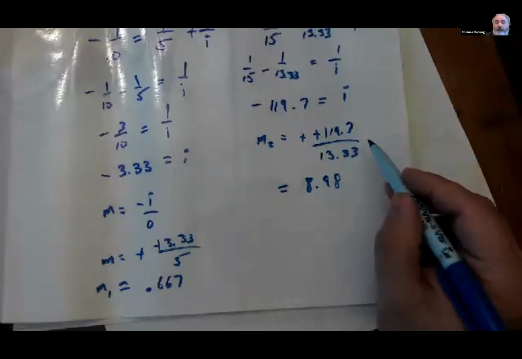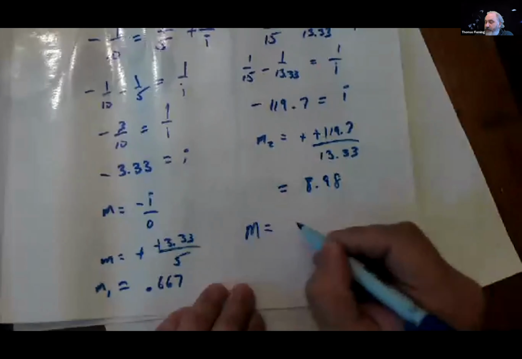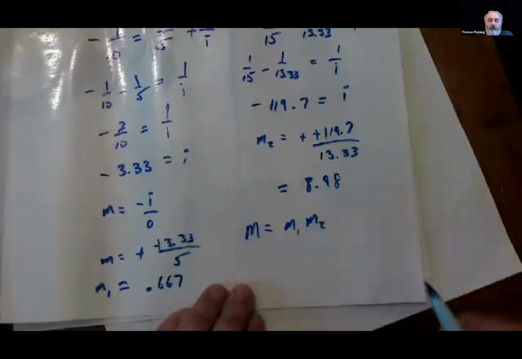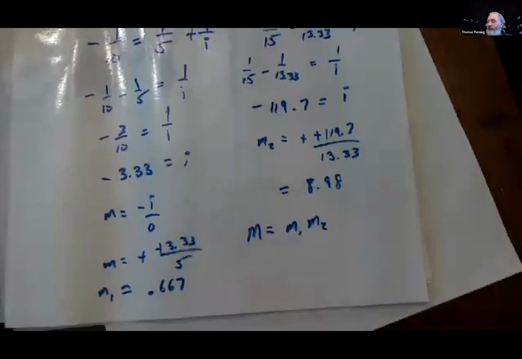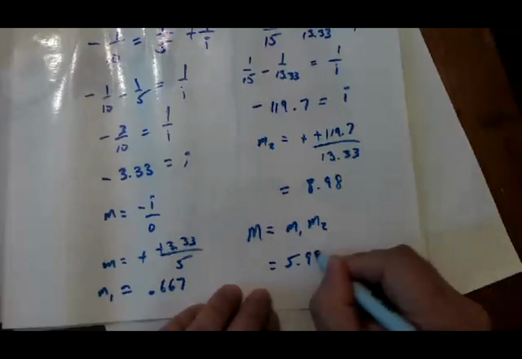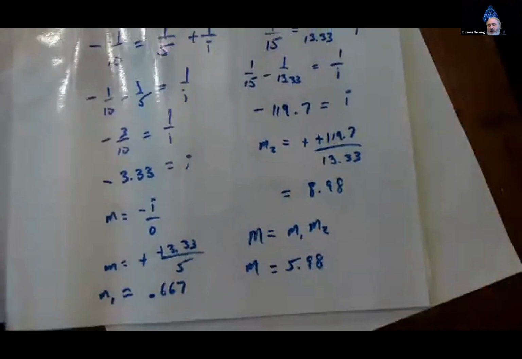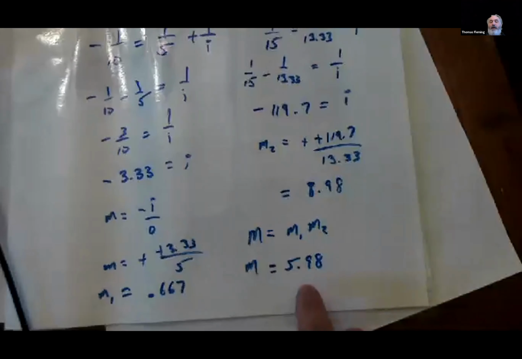It's upright because I got a positive answer. Now my total magnification is just the product of my original magnifications, so I take 8.98 times 0.667. The image I get is almost 6 times bigger than the original object. It's still right side up. It's a virtual image, but it's way, way magnified.